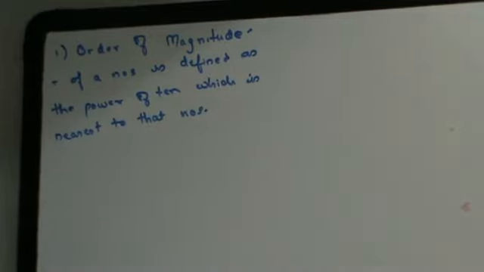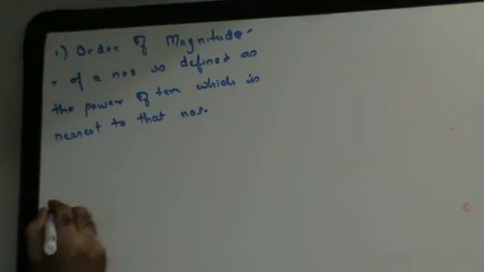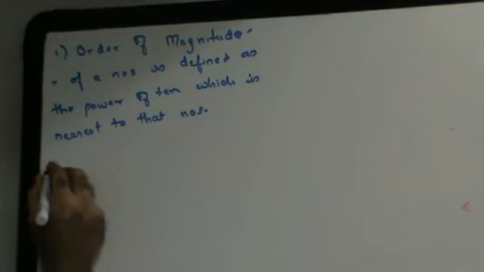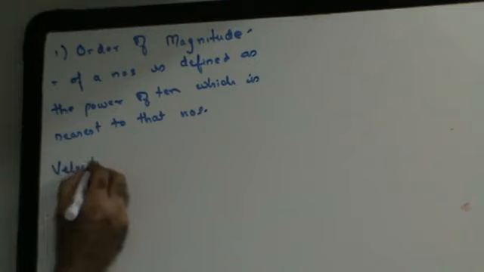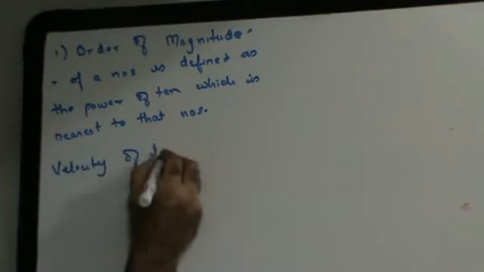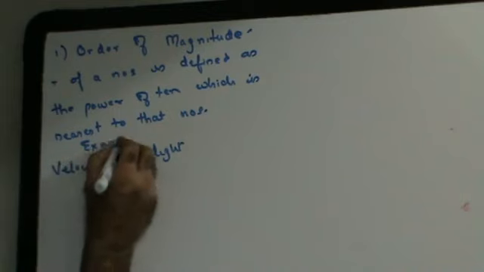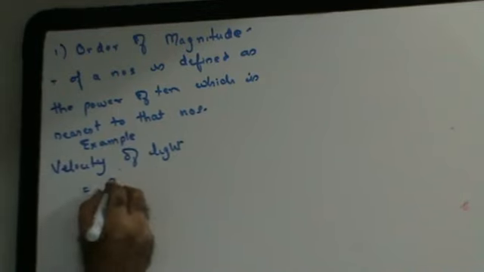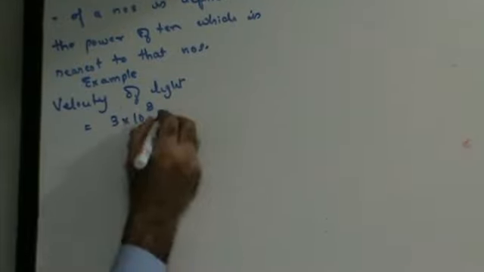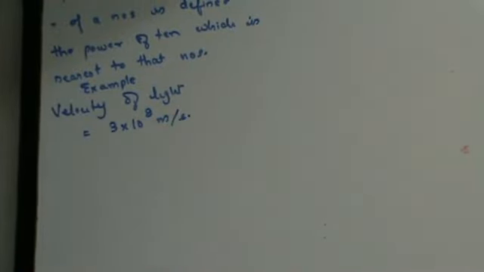Right? For example, if I consider the velocity of light, it is 3 into 10 raised to 8 meters per second. In that case, the order of magnitude of velocity of light is 10 to the power of 8.